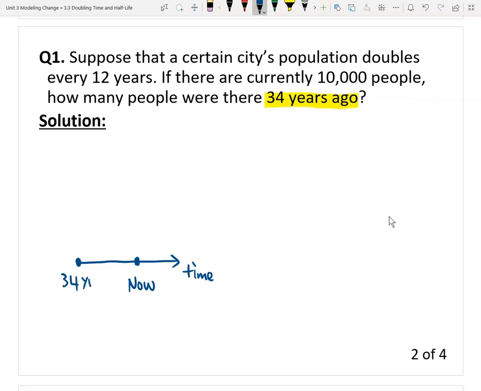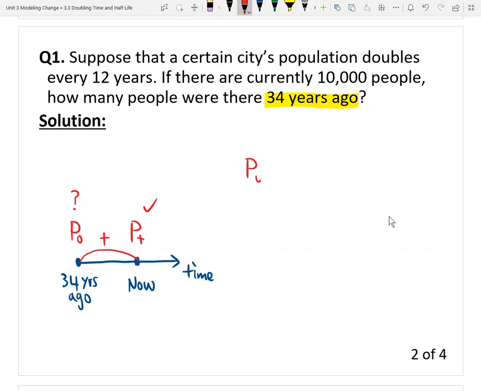Usually the past time we set as P0. So if this value is P0, here is the future value PT. Currently should be the future value. And what is T? Of course, 34 years ago to now is 34 years. So we know T, we know PT, we don't know P0. Therefore, this is an initial value. So we need the initial value formula.